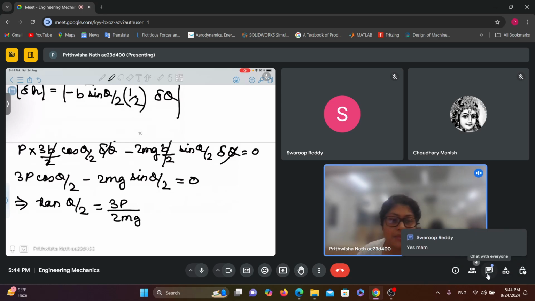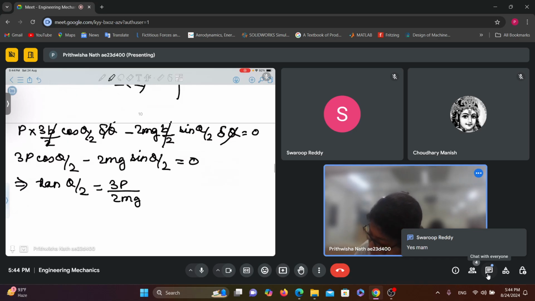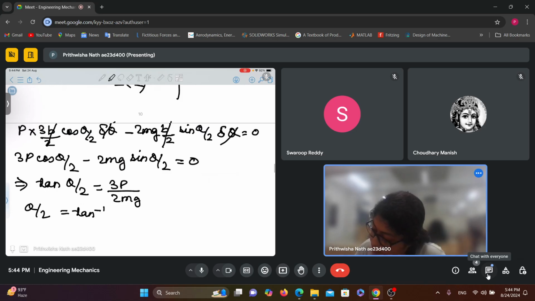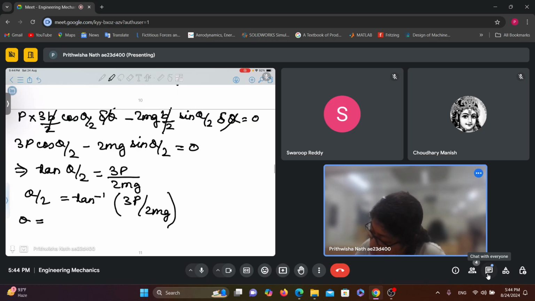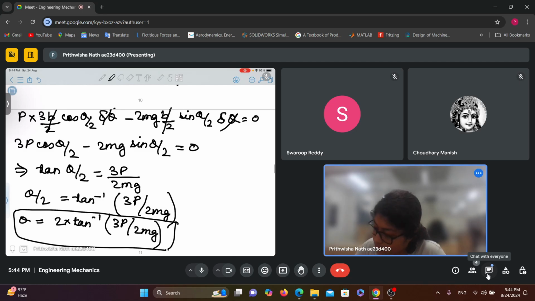So theta by 2 is tan inverse of 3P by 2mg. So theta equals 2 into tan inverse of 3P by 2mg. So this is the final answer.